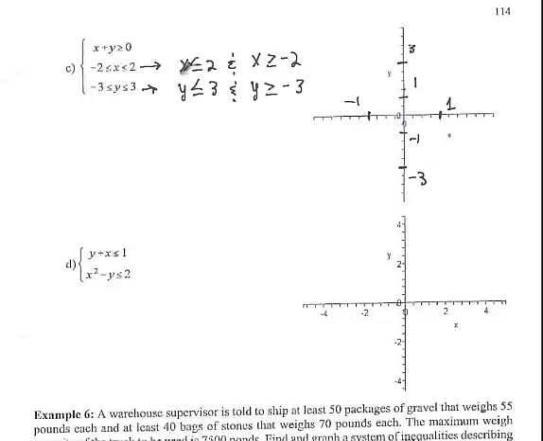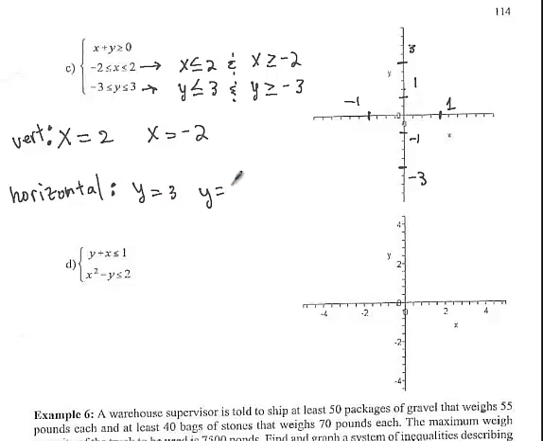Okay. So to graph these, you could call it x equals 2, x equals -2, with only the x variable. These are vertical lines, and the other 2 are horizontal. y equal 3, y equal negative 3.